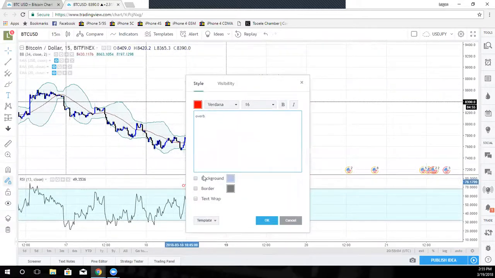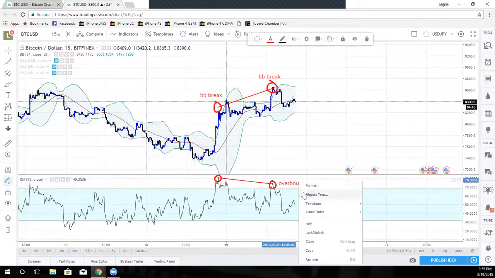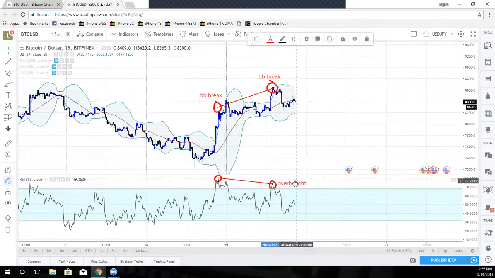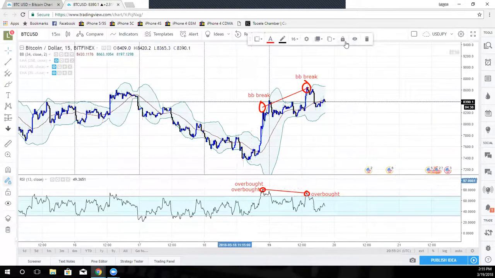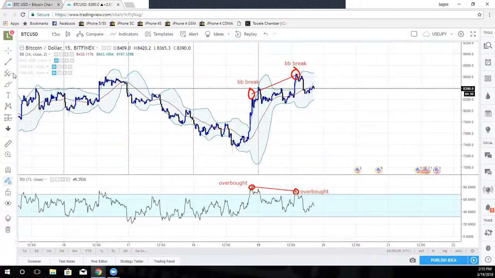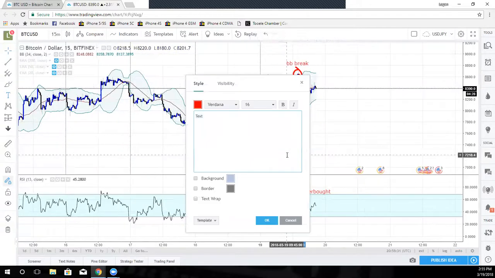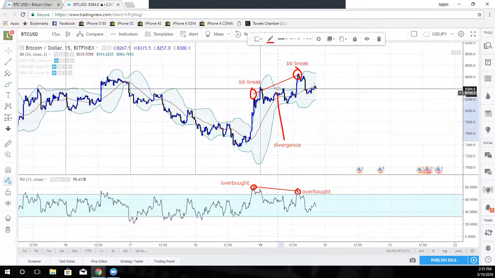We have determined that both of those spots where the Bollinger Bands have been broken are also overbought on the RSI. So we've determined that both of those are overbought, and we've also determined that we have divergence. So we have divergence between these two trends.